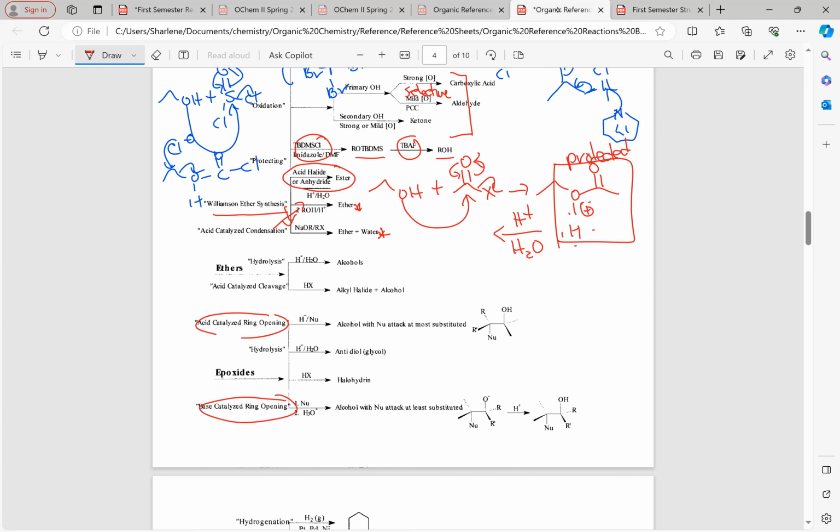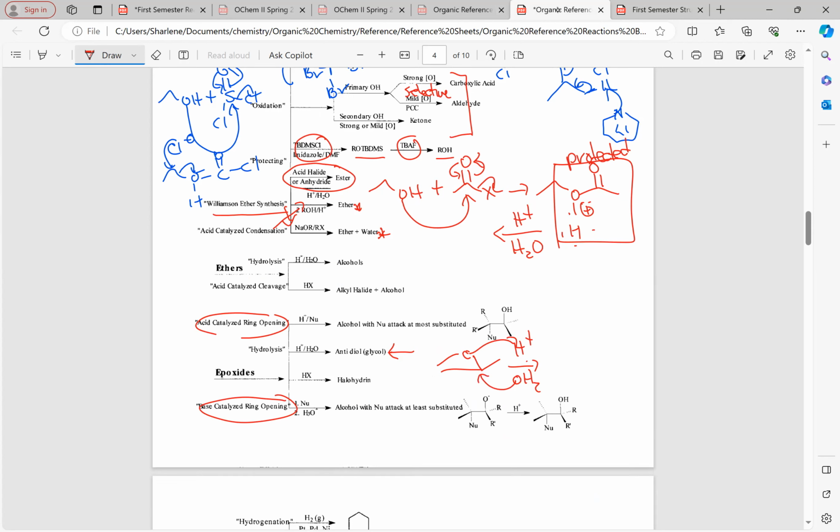Okay, we just did those two. This is technically acid catalyzed ring opening, but your nucleophile is another alcohol. So you're going to end up with a glycol or a diol. And the halohydrin. Okay, so we've got the acid. This would get protonated.